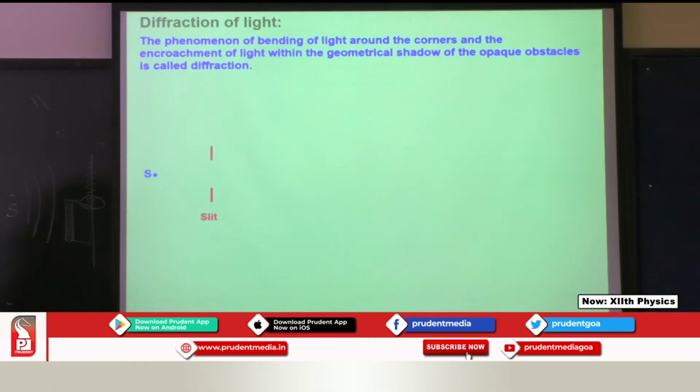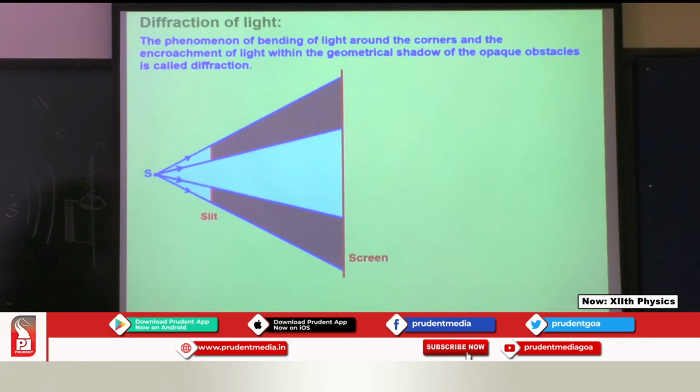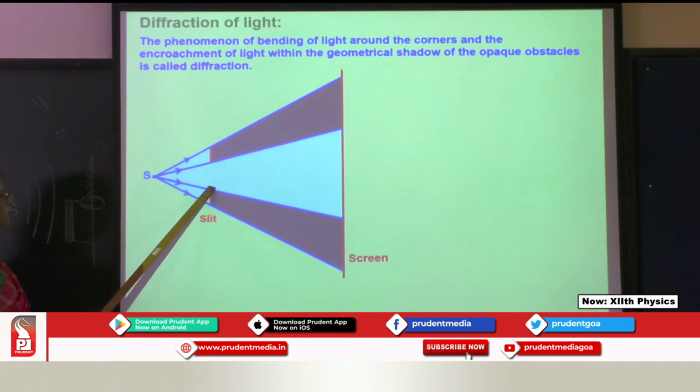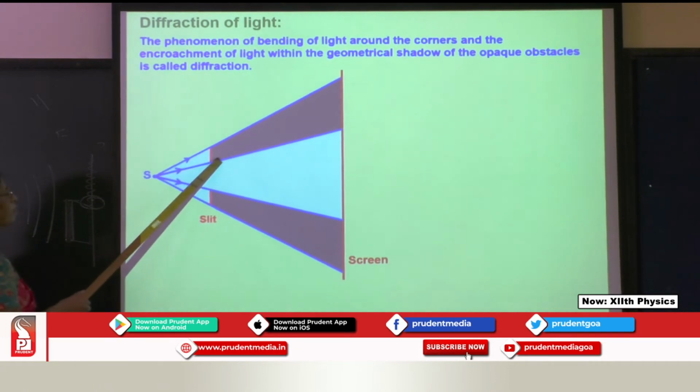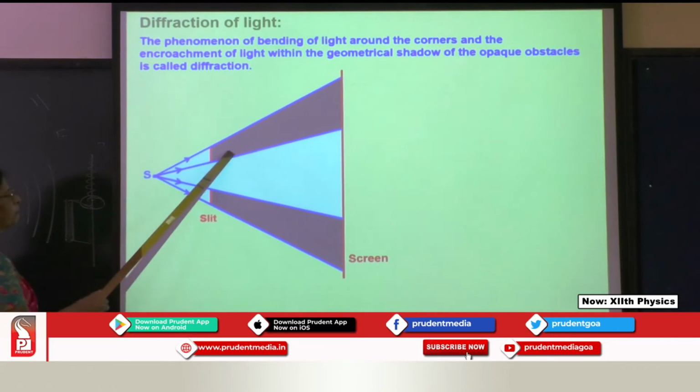Here S is a source of light, and there is a screen. The waves are spreading out. But since there is an obstacle over here, you should get a complete shadow here.